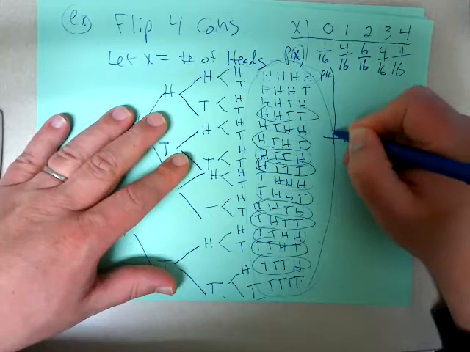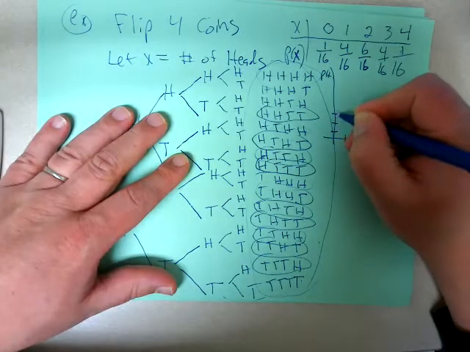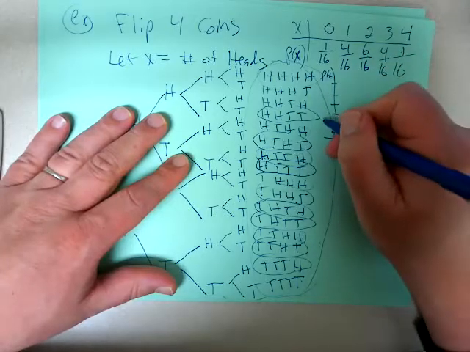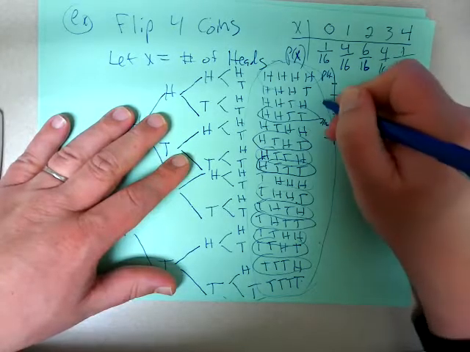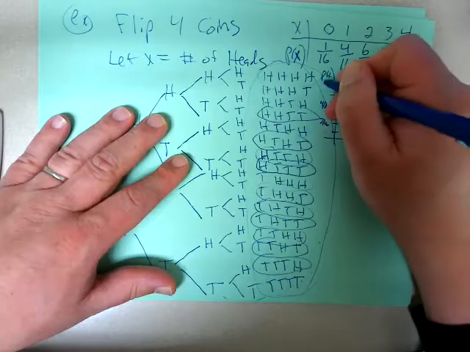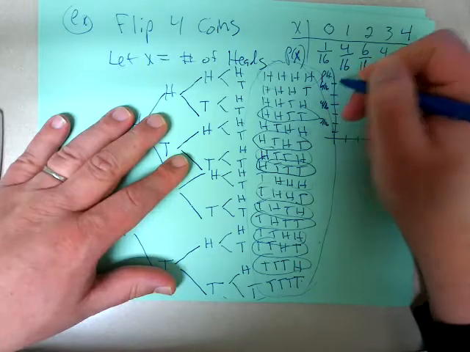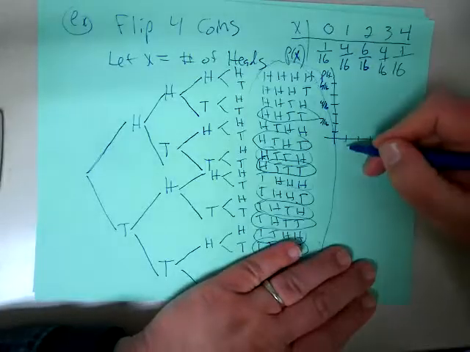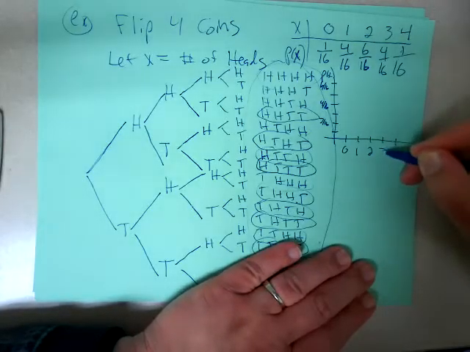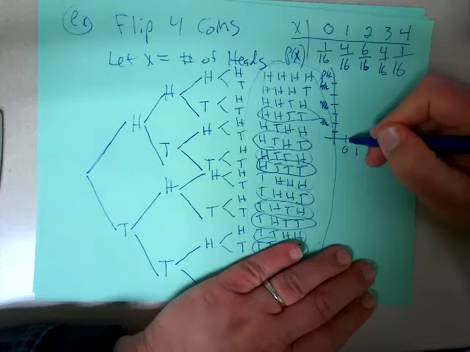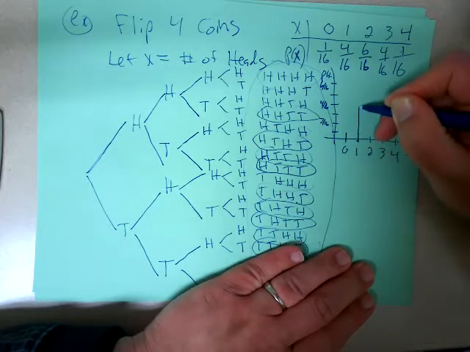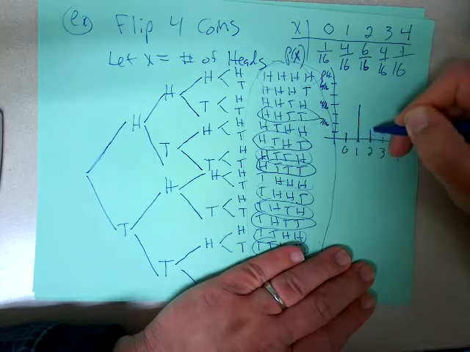And then we could do 1, 2, 3, 4, 5, 6, and maybe I'll just do 2 out of 16, 4 out of 16, 6 out of 16, just so it doesn't get too crowded there. So this is 0, 1, 2, 3, and 4. This will go up to 1. This goes up to 4. This goes up to 6.